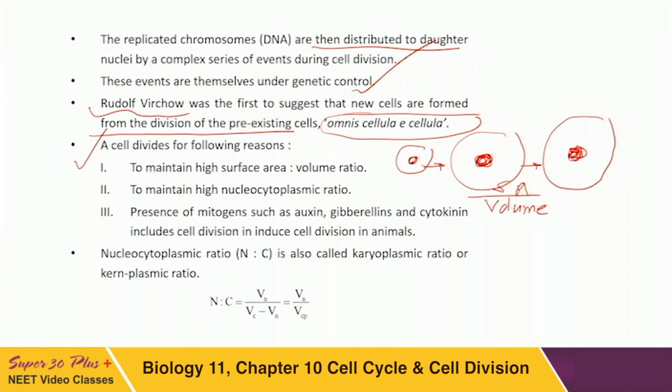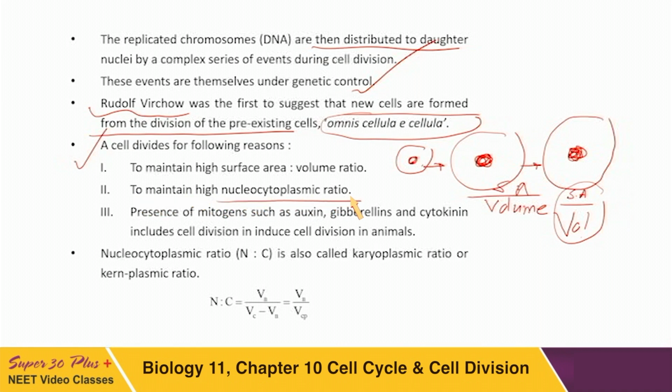That's why, during this growth, the ratio of surface area and volume decreases, because the surface area will be less and the volume will be more. So see here, this is to maintain the nucleocytoplasmic ratio.